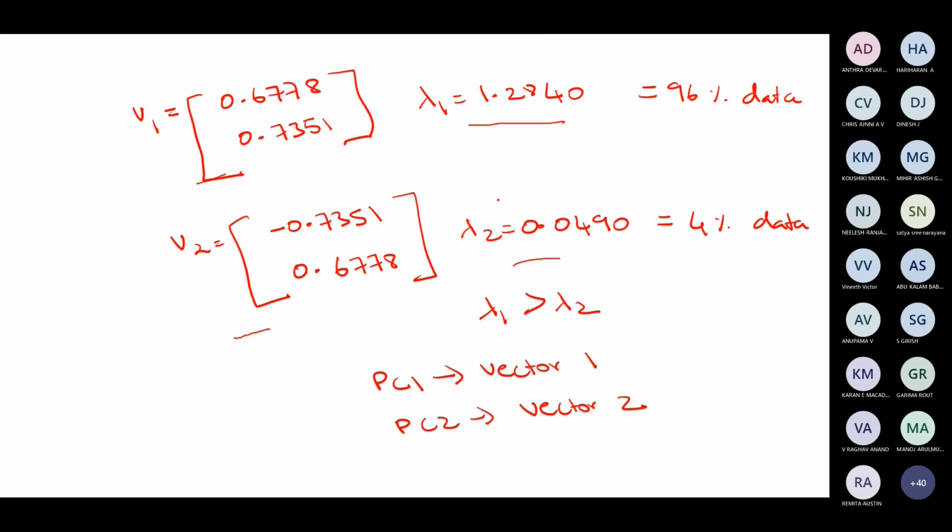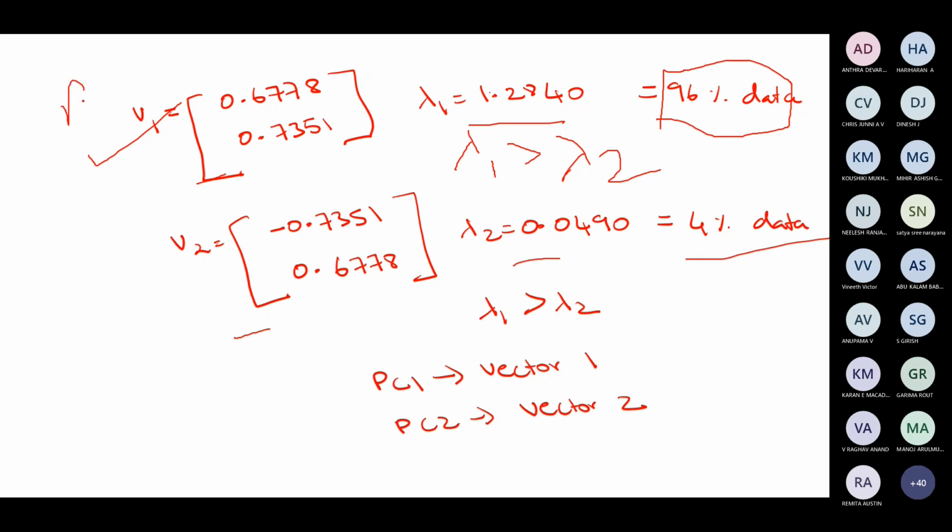Out of these two, lambda 1 carries more information than lambda 2. How come? Simple math: 1.2840 divided by 1.2840 plus 0.49 gives 96% of the data. Eigenvalue 2 is 0.490 divided by 1.2840 plus 0.490, which is 4% of the data.